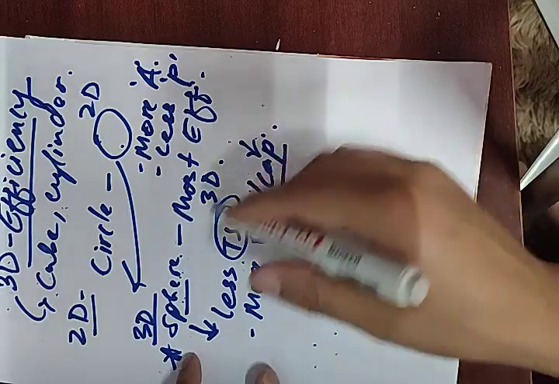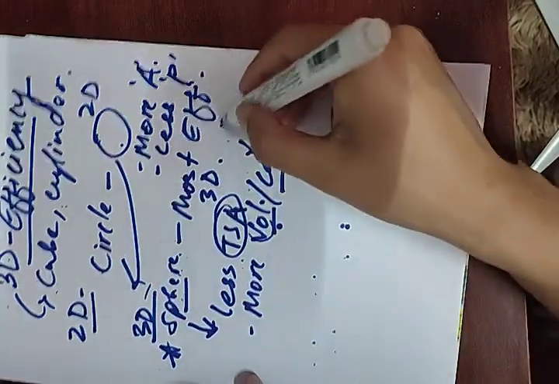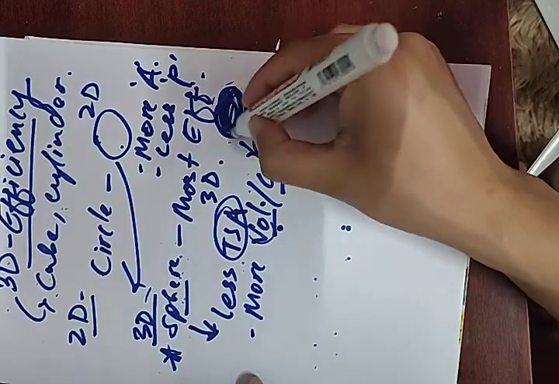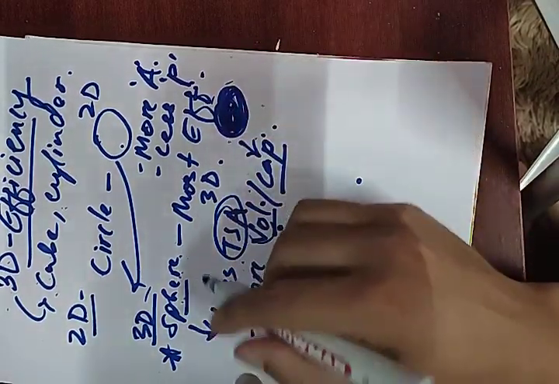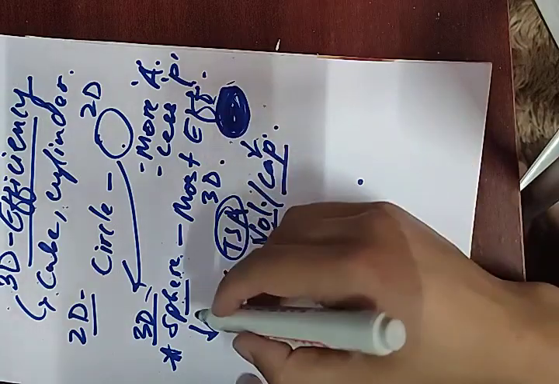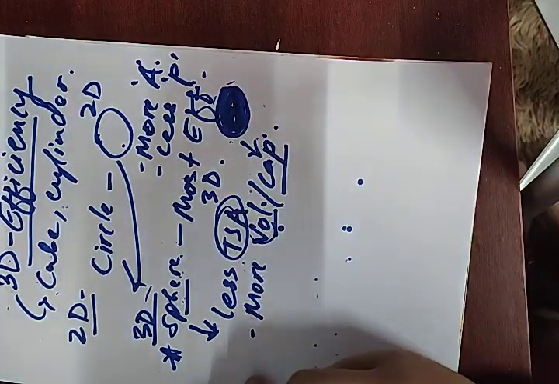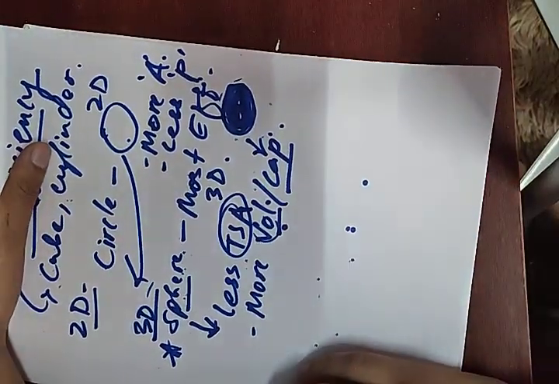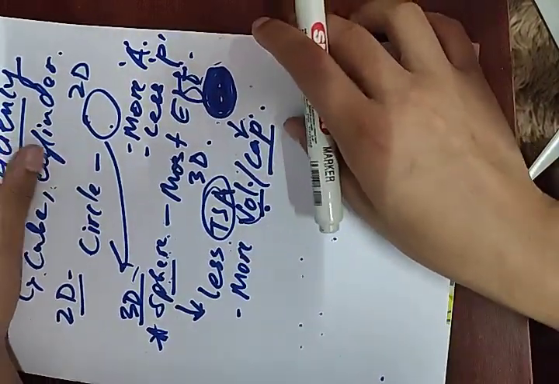And the total surface area of the sphere is just the surface area, like its occupancy. If the occupancy is less, then the shape is said to be more efficient.